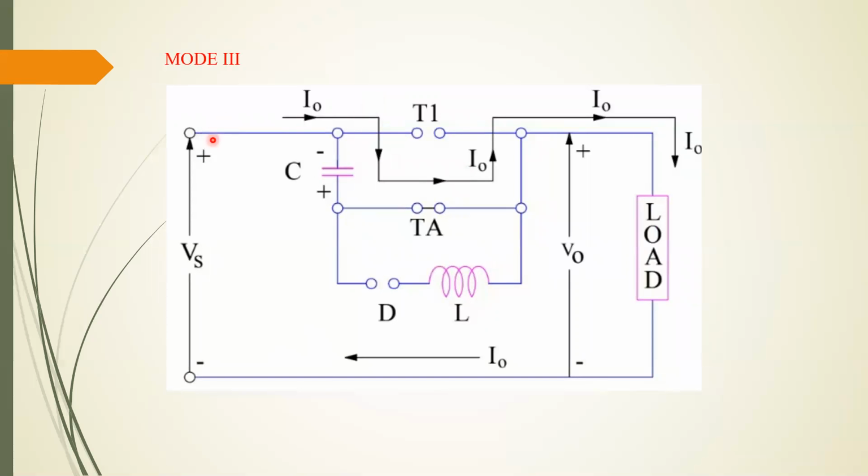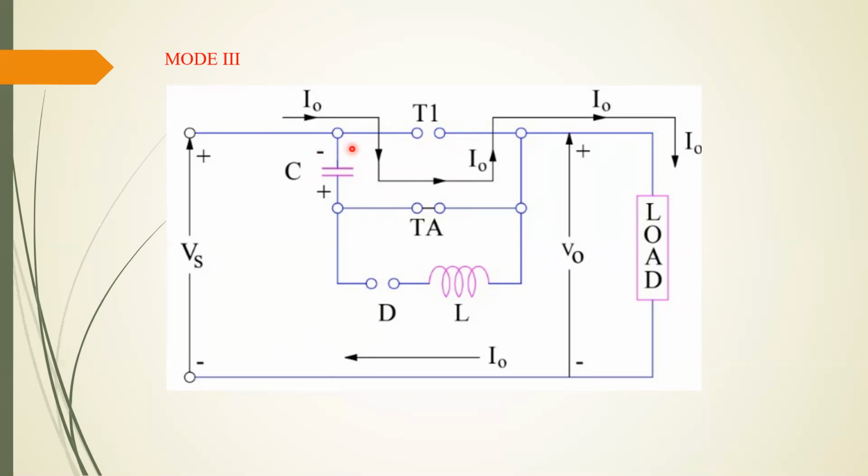In the third mode of operation, in order to turn off the main thyristor, we are using the auxiliary thyristor. As soon as we turn on the auxiliary thyristor TA, the opposite polarity of the capacitor will reverse bias the thyristor T1, and then the thyristor T1 will turn off.